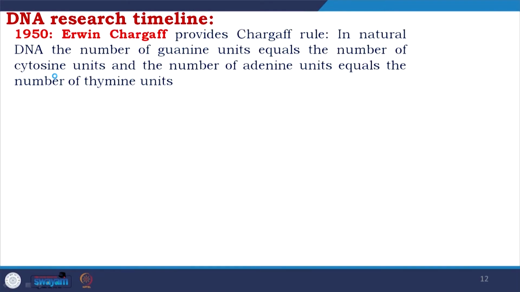Now coming to the new ones which I did not talk about. In 1950, Erwin Chargaff provided Chargaff's rule, which is that in natural DNA the number of guanine units equals the number of cytosine units and the number of adenine units equals the number of thymine units. So, this is important definitely, but this was more critical, I am coming to.